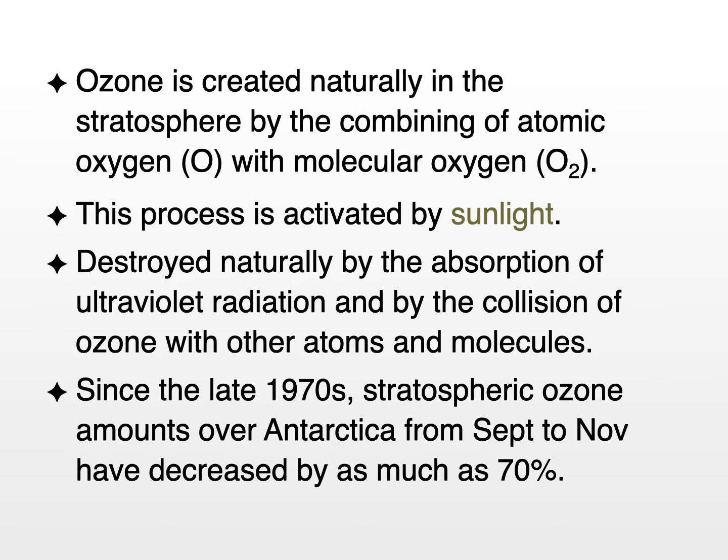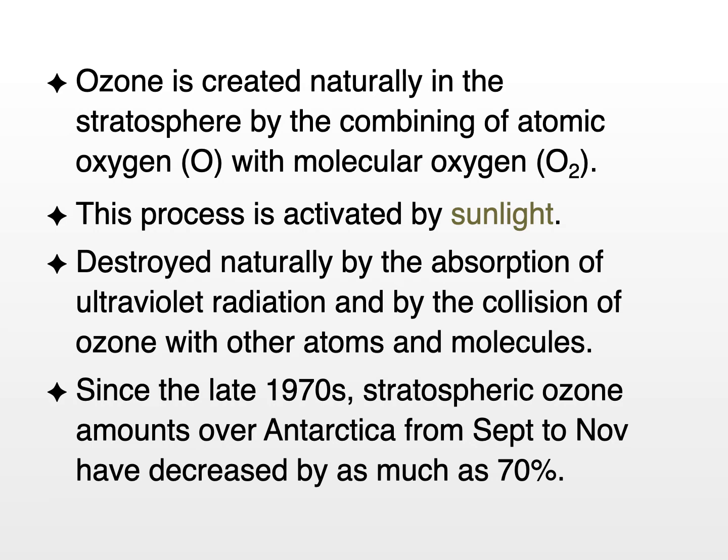Ozone is also naturally destroyed by sunlight, but in particular by absorption of ultraviolet bands of sunlight. Ozone can also be destroyed by just the simple collision of ozone with other atoms and molecules in the atmosphere.